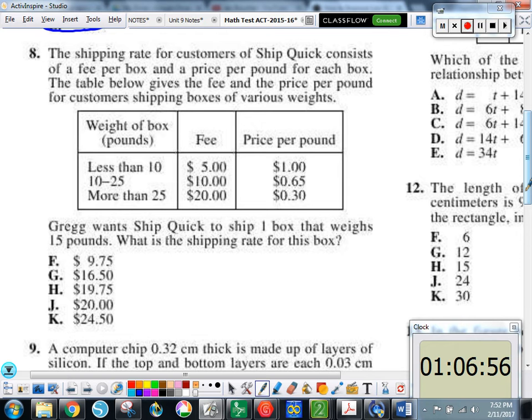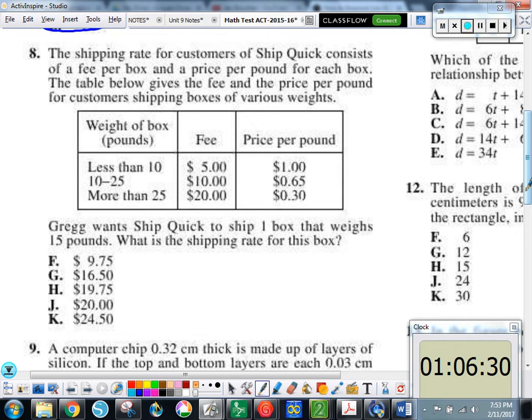Okay, the shipping rate for customers. Quick ship consists of a fee per box and a price per pound. This might be one that you want to quickly skip because it seems really complicated. There's lots of reading. The table below gives the fee and the price per pound for customer shipping boxes of various weights. Greg wants to ship quick. To ship one box that weighs 15 pounds, what is the shipping rate of this box? So I'm just looking for the rate.